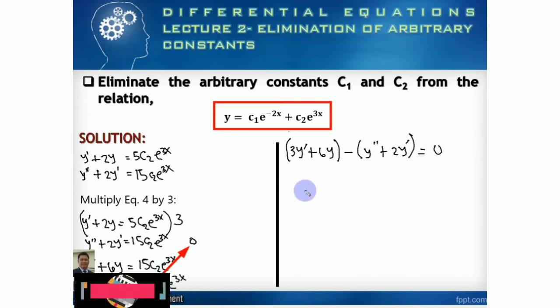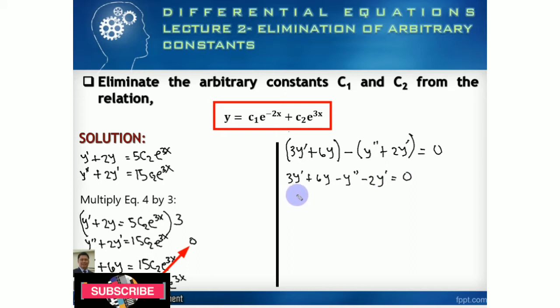Okay, so simplifying this one, we have 3y prime plus 6y minus y double prime, negative 1 times y double prime, so negative 1 times 2, so this would be minus 2y prime. Okay, is equal now to 0.